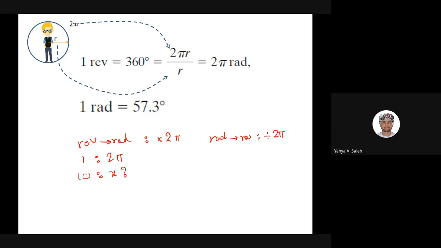Ahmed, K equals half I omega squared when it's only rotating. Okay, when it's only rotating, it's half I omega squared. When it's rotating and moving translationally as well, it's half I omega squared plus half mv squared.